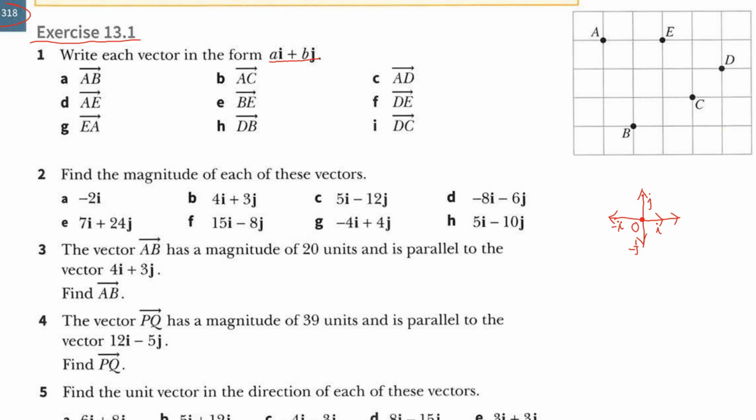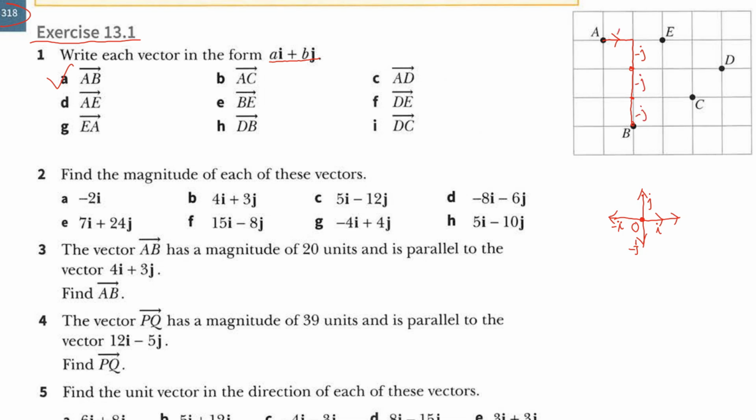Let me see the question. First question, AB, from A to B. We have to move first horizontally, then in the vertical direction. From A to B, we need to go first to the right side, then down. On the right side it goes 1 unit, and downward it goes 1 unit, 2 units, 3 units. So the downward direction we can say minus j, minus j, minus j.